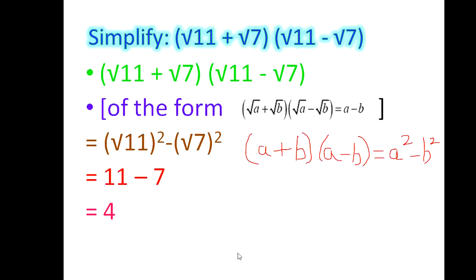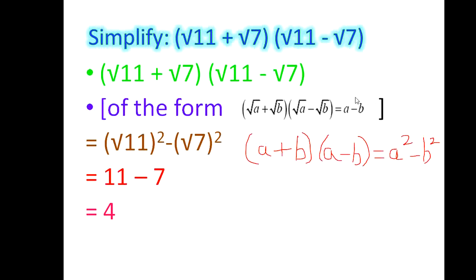So the first problem we are taking is square root of 11 plus square root of 7 into square root of 11 minus square root of 7. By looking at this, we can see it is of the form square root of a plus square root of b into square root of a minus square root of b.